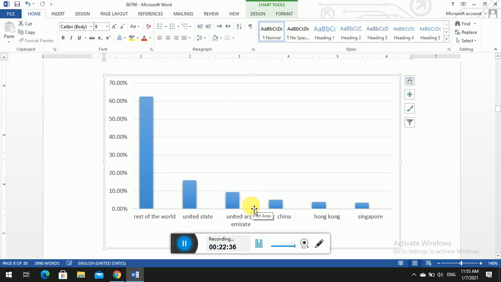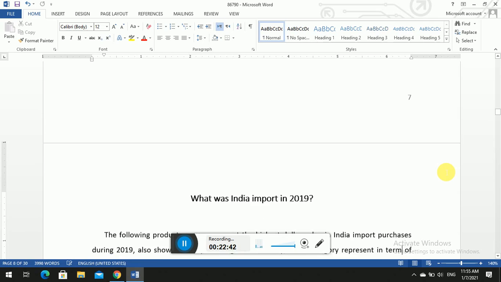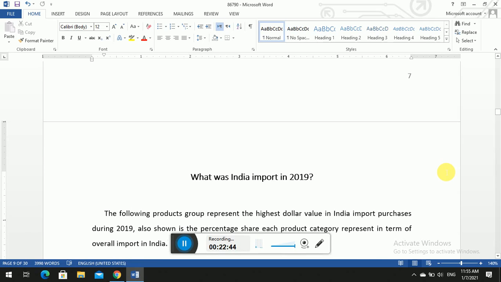Singapore, 3.5%. So you can see which country has the highest export. I think the USA has been their largest economic partner in exports and imports, with the improvement in manpower. Many Indians are working in the USA: doctors, IT specialists, and others.